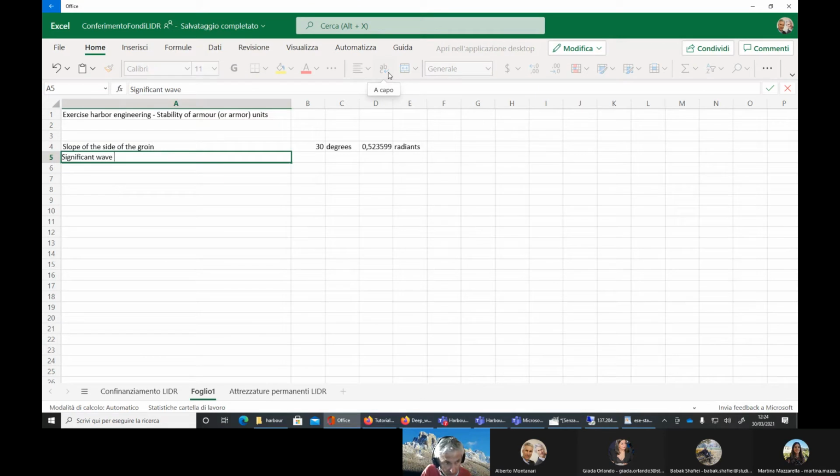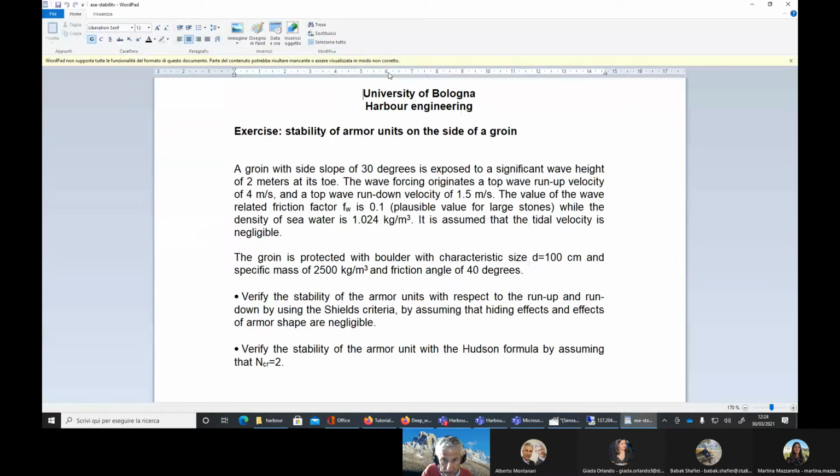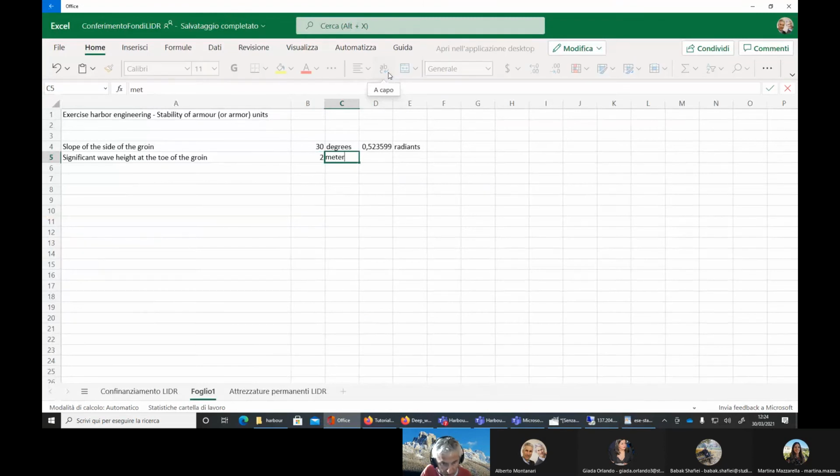Then other information: we have the significant wave height at the toe of the groin. I don't remember what it is. Let me check. The significant wave height is 2 meters. Good.